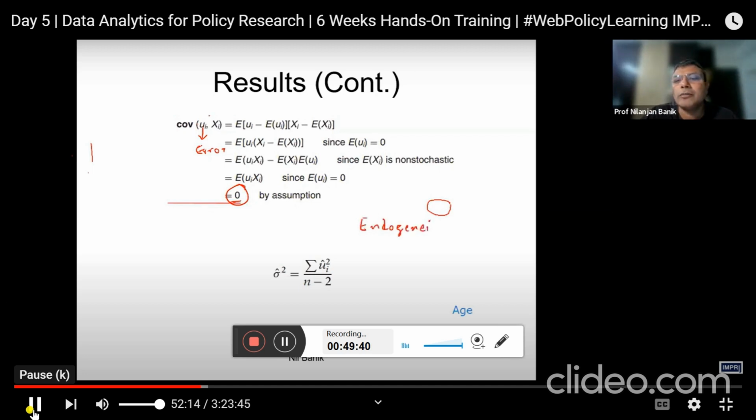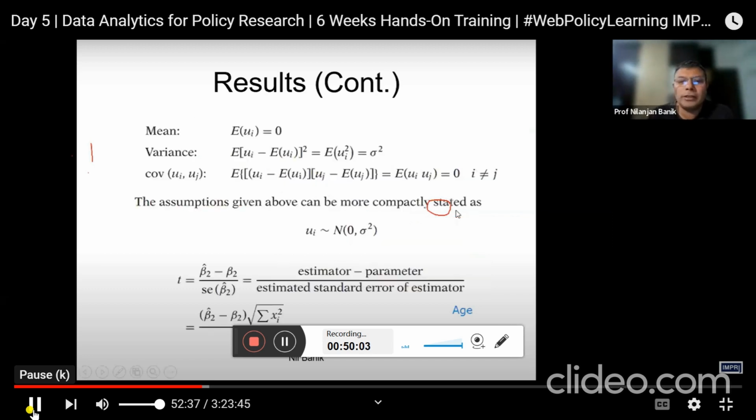I'm sure that you have heard about this. How do you take care of the problem of endogeneity? You have to go for the instrumental variable. That's outside the scope of this class, but we can also do a separate session on endogeneity, simultaneous equations, instrumental variables, and so on and so forth.